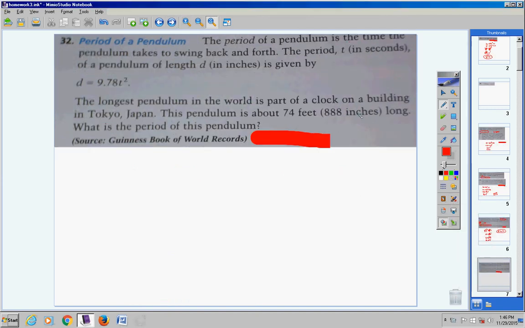The period of a pendulum is the time the pendulum takes to swing. Let's say it starts right here and it swings here and then back. Well, the time that it took to go from here to here and back again is called 1 period.